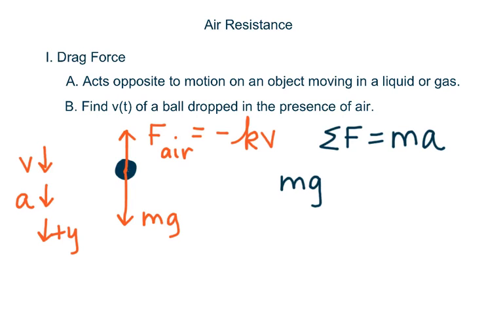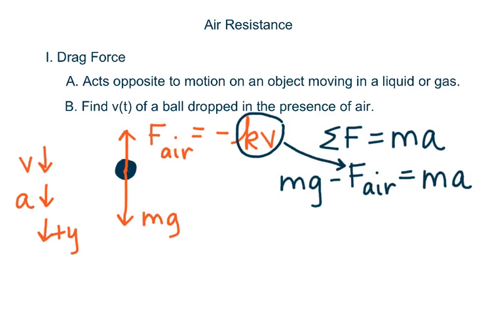And the other is the drag force, which is acting upward. So I'm going to give that one a negative value because I assigned downward as positive, and that's going to be equal to ma.